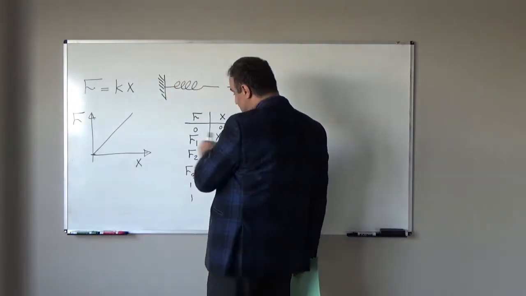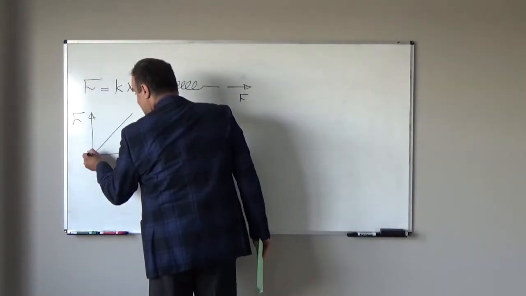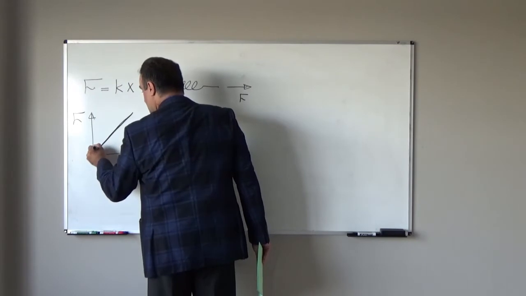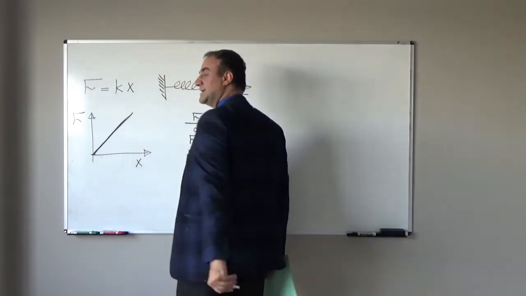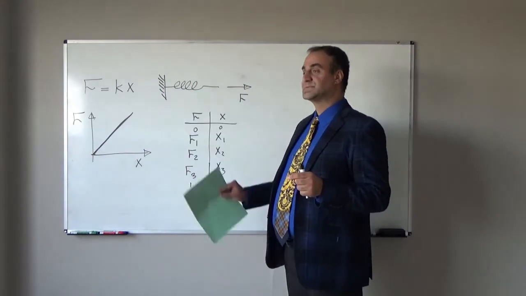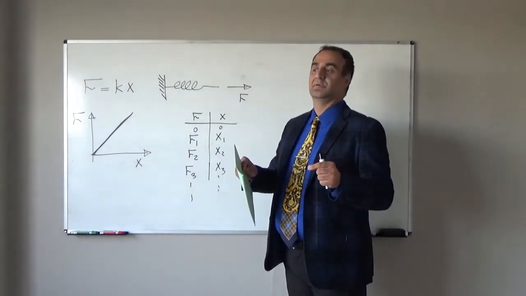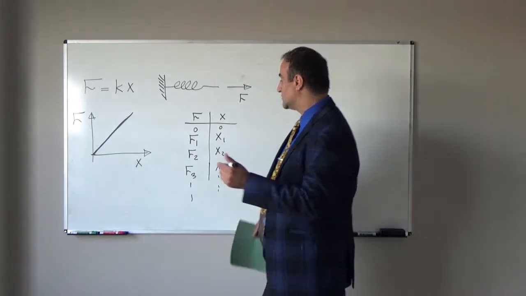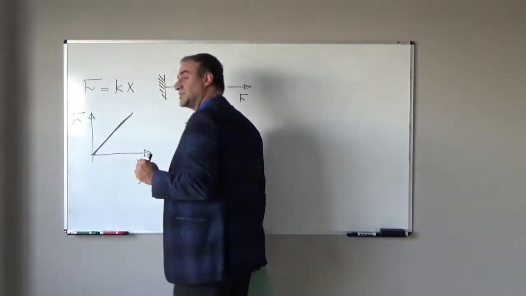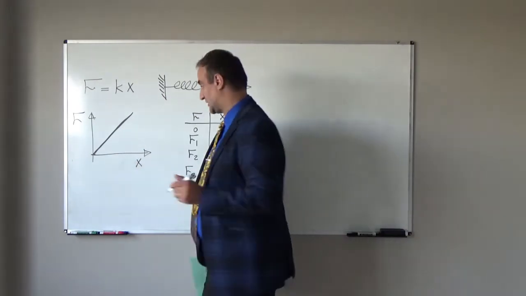If I show these points here, we will have one linear line for linear elastic material, or elastic spring, or rubber band, or something like that. So here you see force and deformation are proportional.